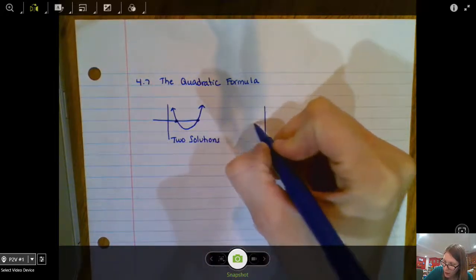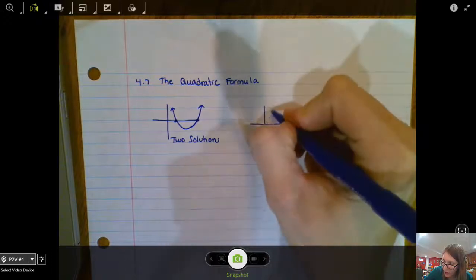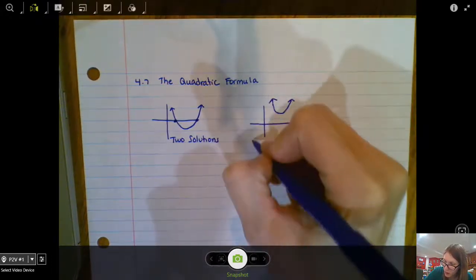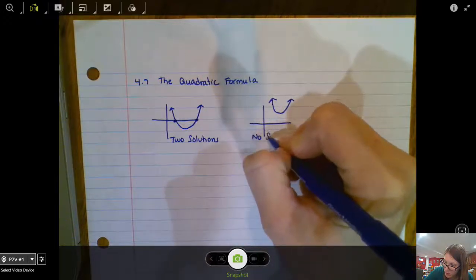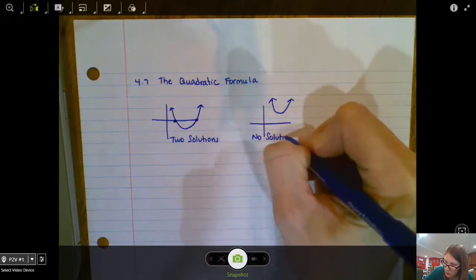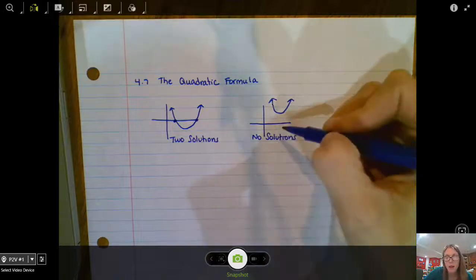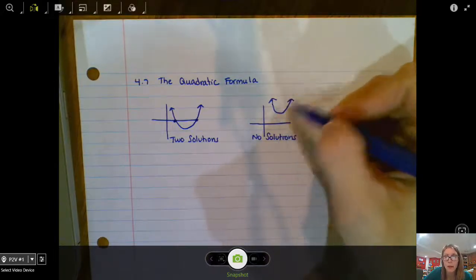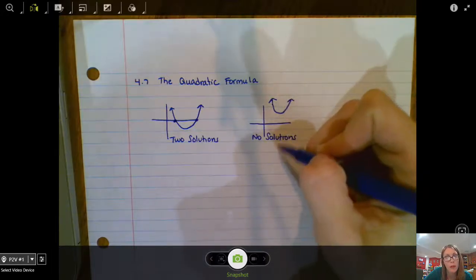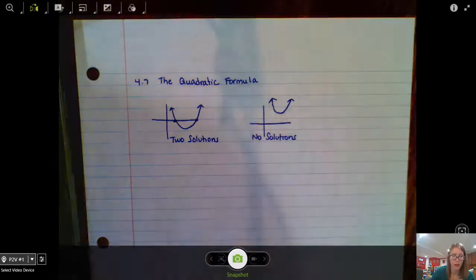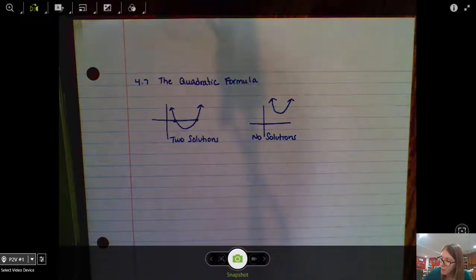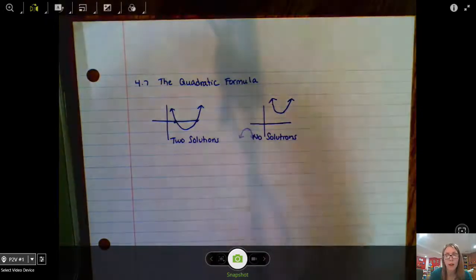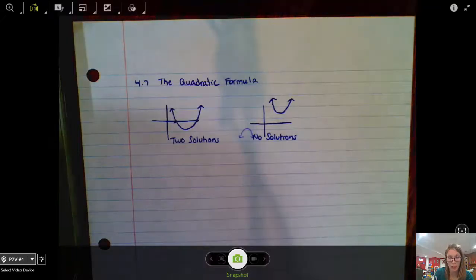I could potentially have no solutions, if my parabola is above the x-axis or below the x-axis and going down. So I'll draw that situation in another color down here. But either way, our graph doesn't hit the x-axis, which means there are no solutions.